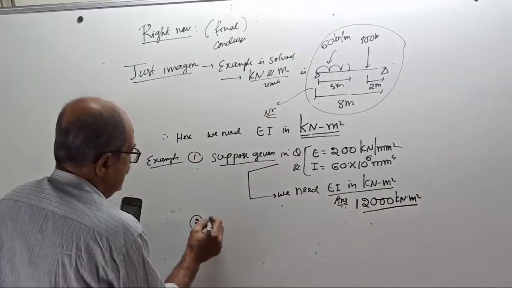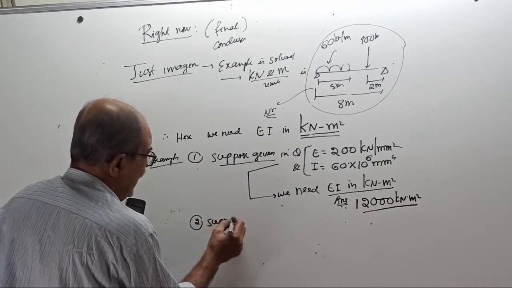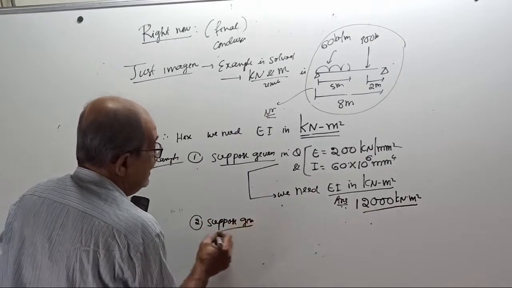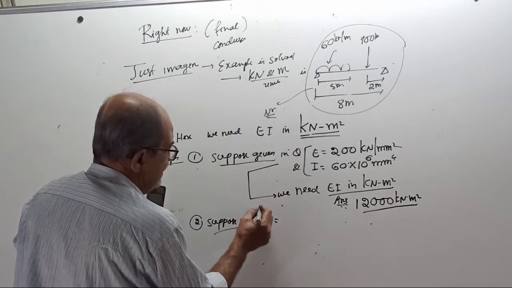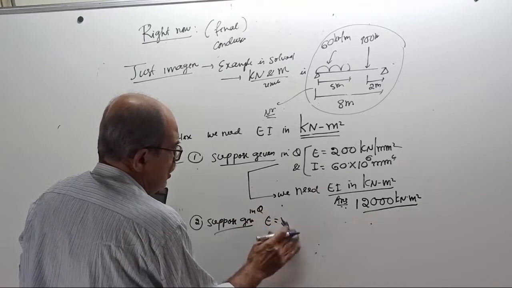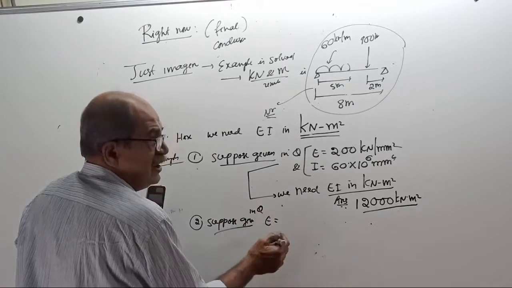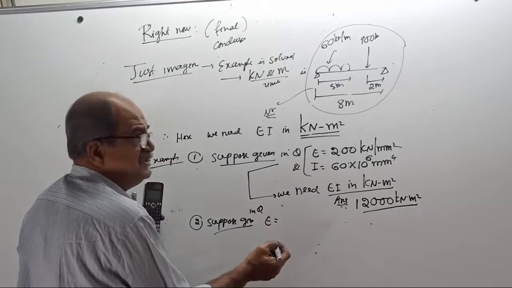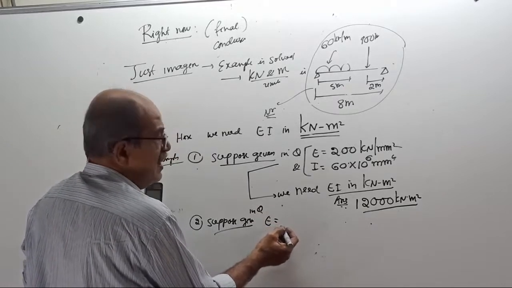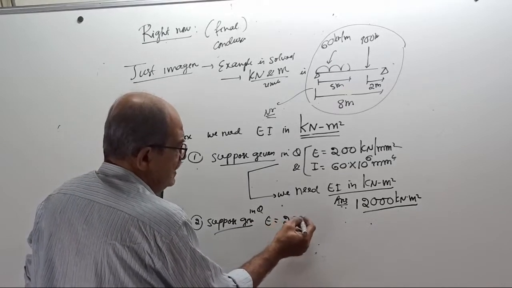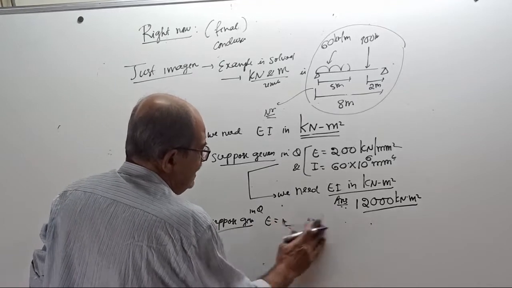Example 2. Suppose somebody gives, in the question, E equal to not 200. Why always 200? I will take RC section: 200 by 10 is 20, or not 20, 18 GPa.